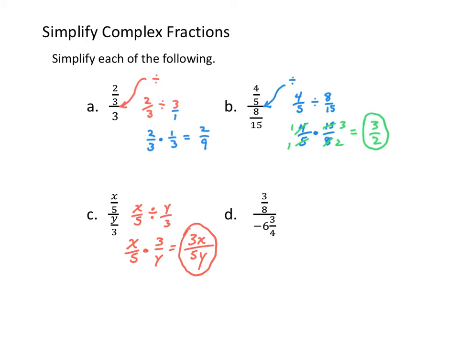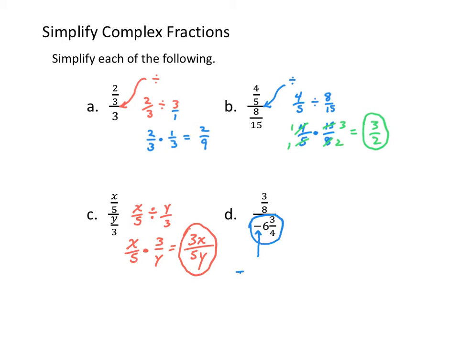And then the last one, we're going to change this mixed number into an improper fraction. So if you want to use that little shortcut rule, 4 times 6 is 24 plus 3. Disregard the negative sign, and we're going to throw the negative sign on the end.